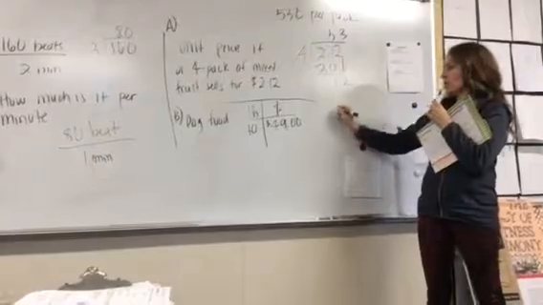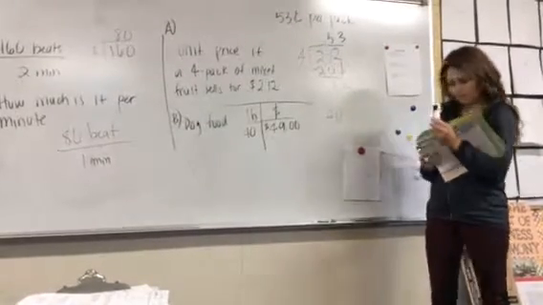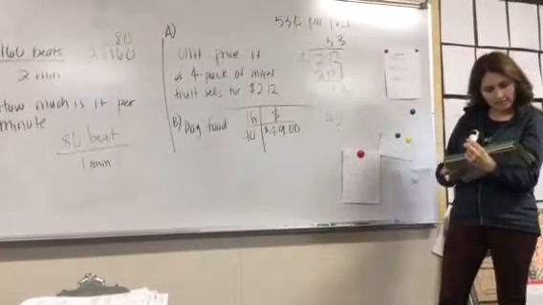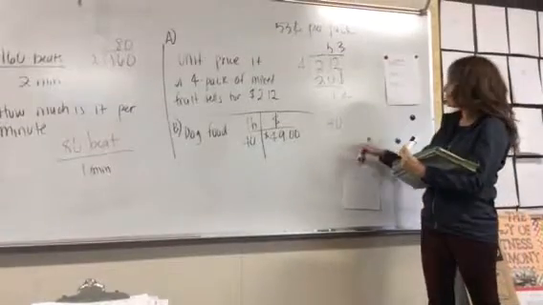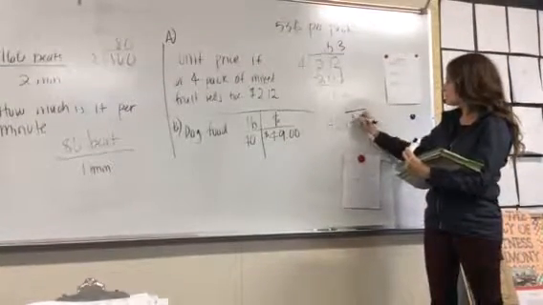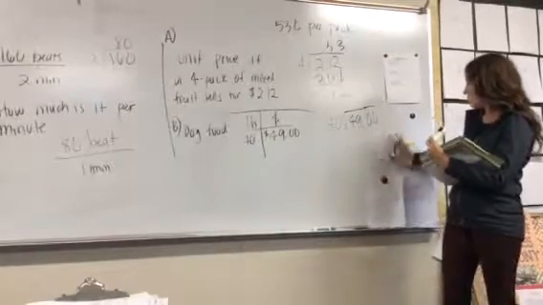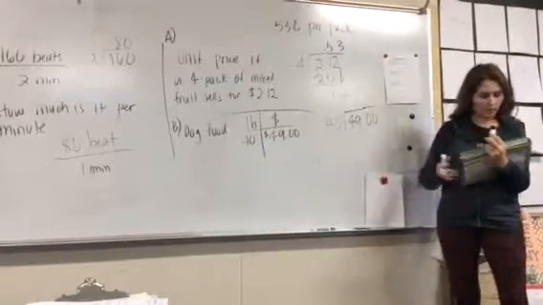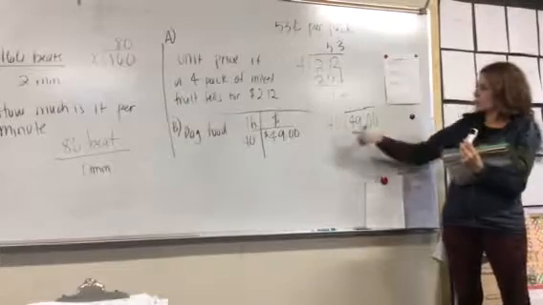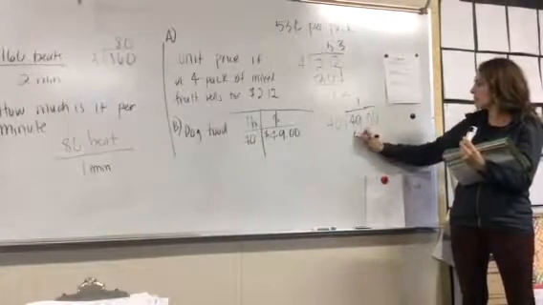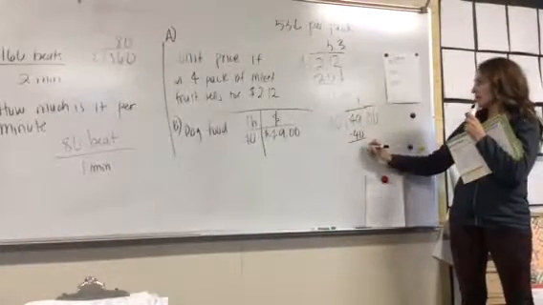So here I have 40. I'm going to divide 49 by 40. We're going to move some of this out of the way. 40 into 49 is 1. We subtract.